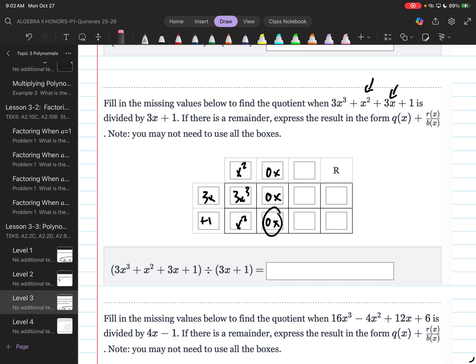So then this has to be 3x. And then 3x times what gives me 3x? It's plus 1. And then plus 1. For this one, coincidentally, is there a remainder? No, because this plus this needs to give me plus 1, but I already have it.